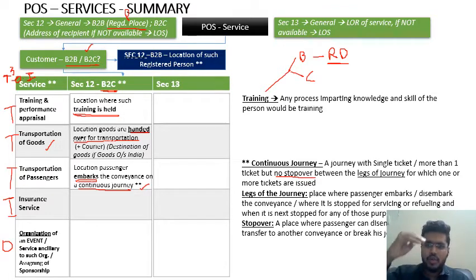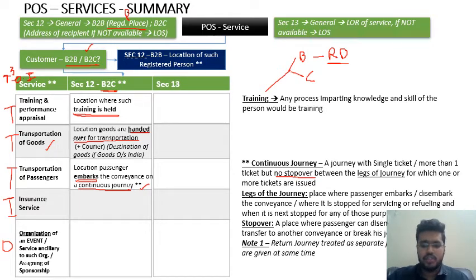The flight may stop in Bangalore, but the person is not going to get down at Bangalore. He is going to come from Bombay, Bangalore, Chennai. That's a halt for him. He is going to be in the conveyance. He is not getting out of the conveyance. This is called a continuous journey. There is no stopover in between the journey. In that case, the place where you are boarding the conveyance will be considered as the place of supply.